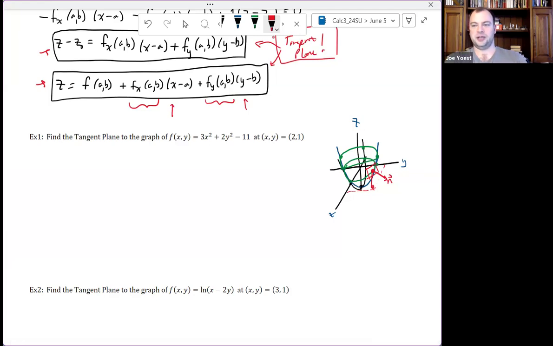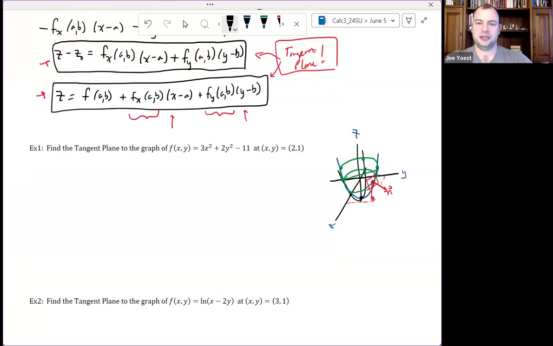So that's my goal here. I know it's probably difficult to track on your end. You can look in the book and they give better diagrams that are computer generated, but hopefully this at least gives you an idea of what we're looking for.